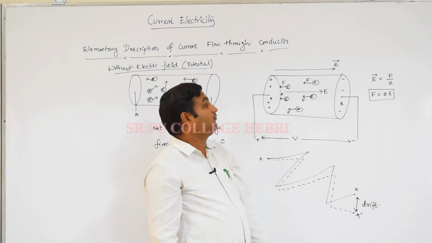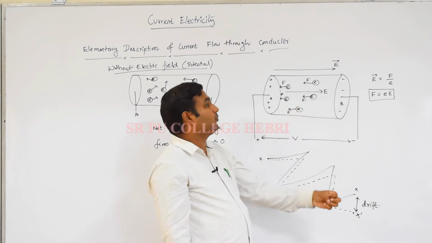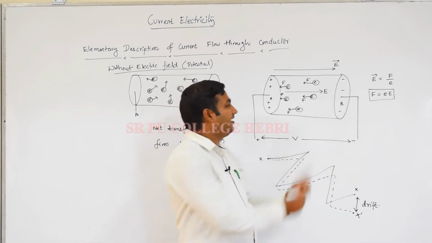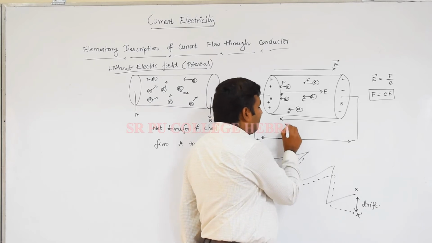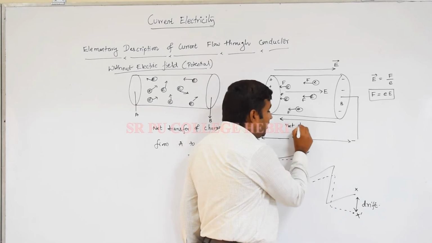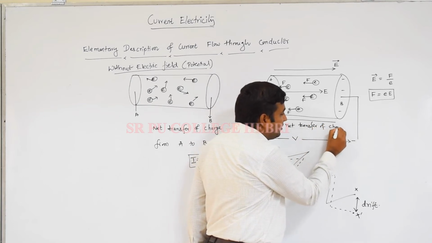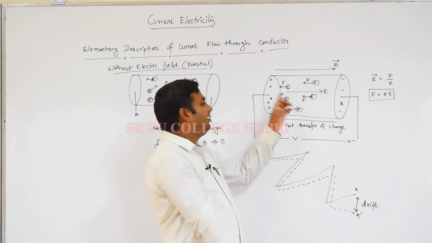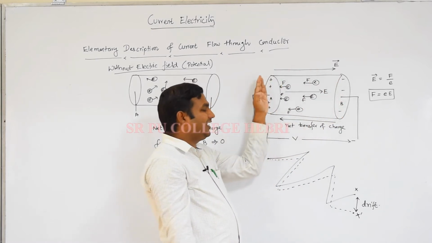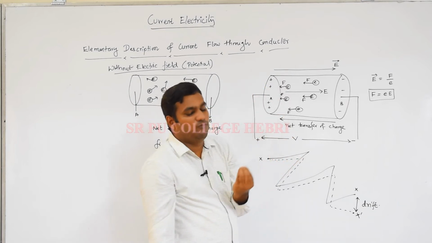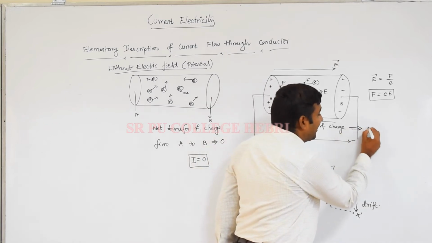Due to that electric force, the electrons are brought from end B to end A. There will be a net transfer of charge from end B to end A. If there is a net transfer of charge from one end to another, there will be a flow of charge, leading towards electric current.